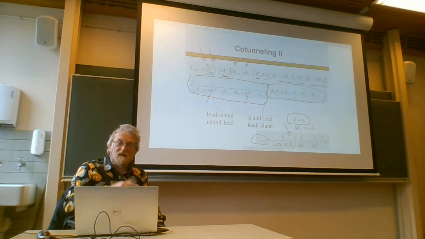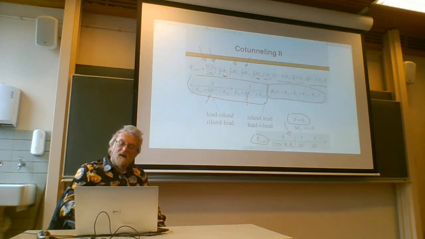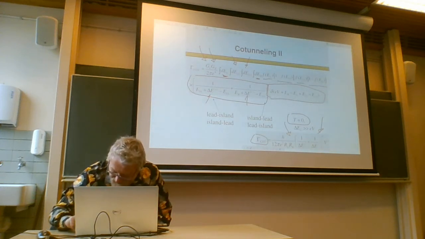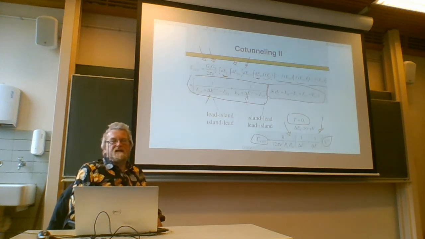So it's much smaller than the typical single electron tunneling. It also involves energy differences, energies to pay. And strangely enough, it's proportional to the cube of the voltage. So that's the story about co-tunneling.